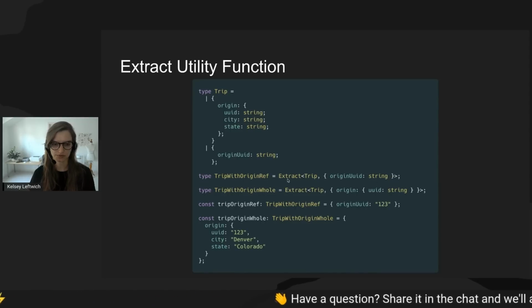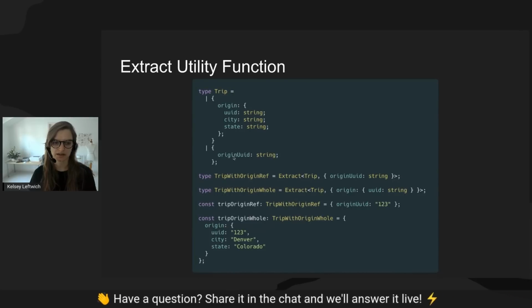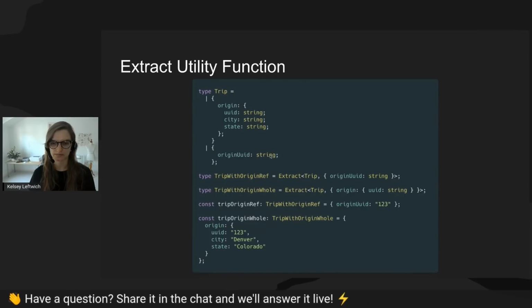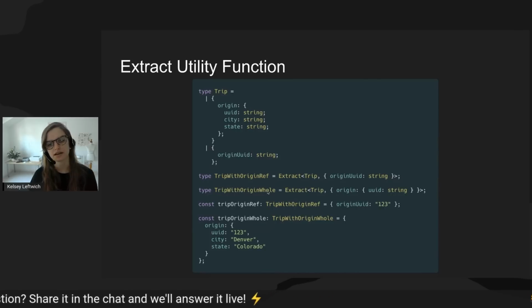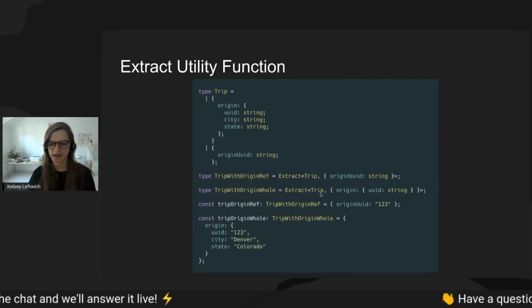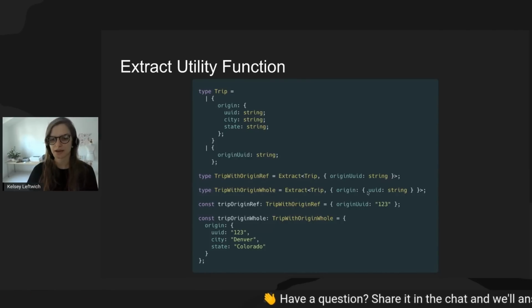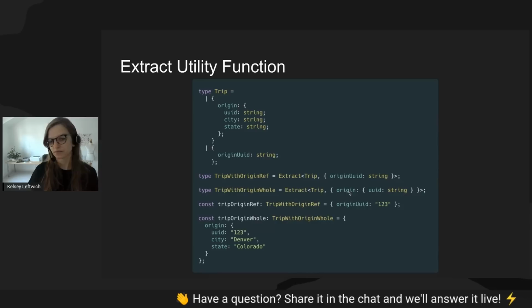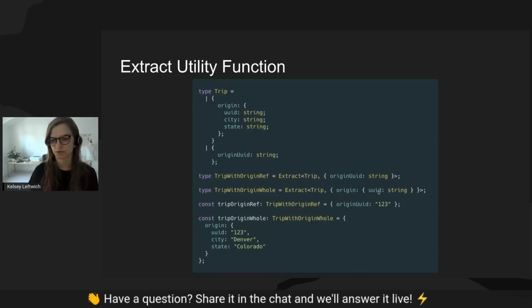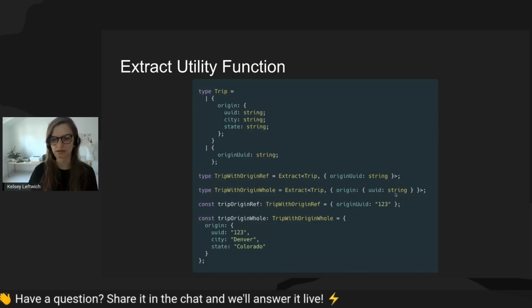And so TripWithOriginRef is going to be set to this one, because this is the only option that has the origin UUID string. With the second example, I passed in Trip, but I want it to extract a type that matches this pattern, which is an object that has an origin field, and the origin field has a UUID that's a string.